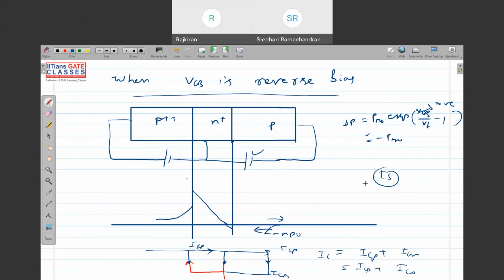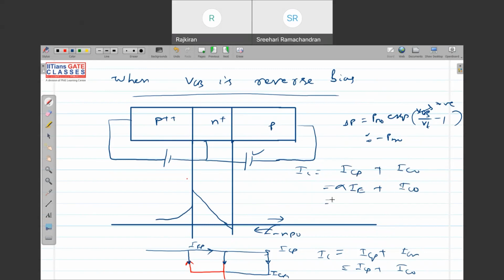So I can write my IC is equal to ICP plus ICO. ICO is nothing but your reverse saturation current, right? We know that in reverse bias, there is a saturation current, that is the reverse saturation current. So IC is equal to alpha IE plus ICBO.